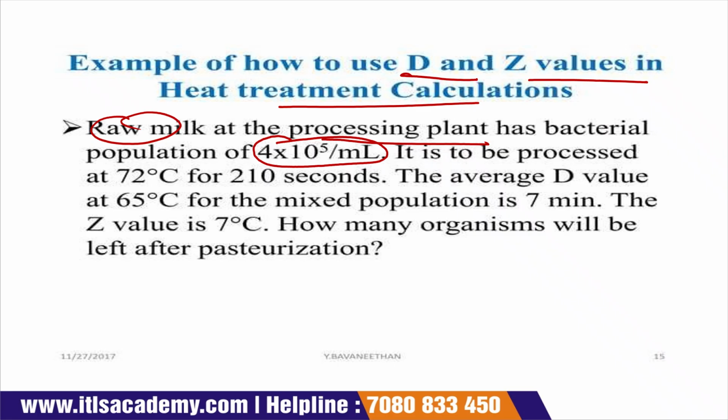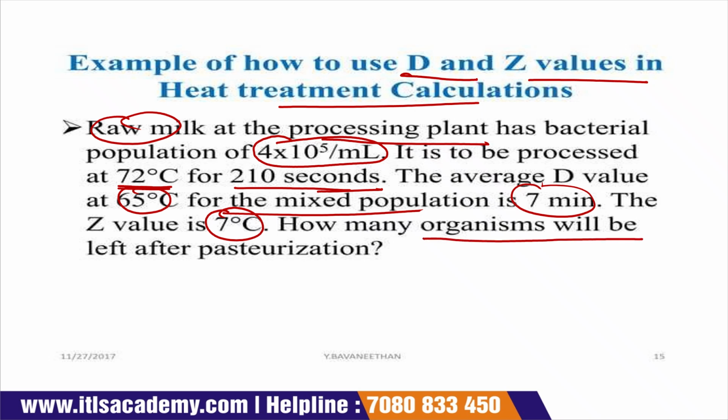We process this milk at 72 degrees Celsius for 210 seconds, so we subject the milk to heating and apply heat at around 72 degrees Celsius for around 210 seconds. The average D value at 65 degrees Celsius for the mixed population is around 7 minutes, and the Z value is 7 degrees Celsius. Now, how many microorganisms will be left after the pasteurization?